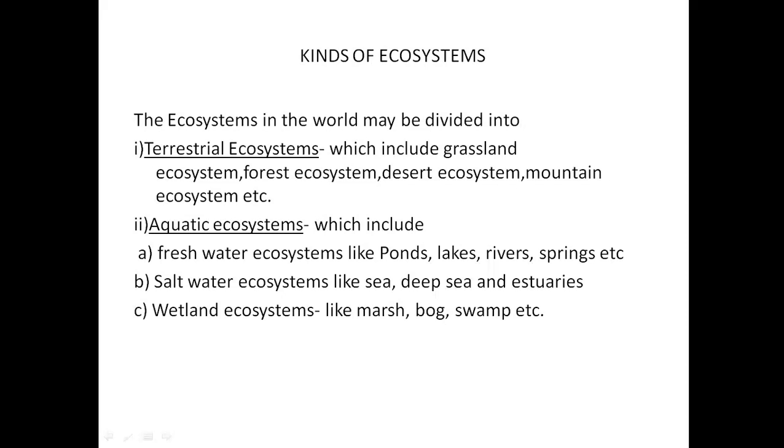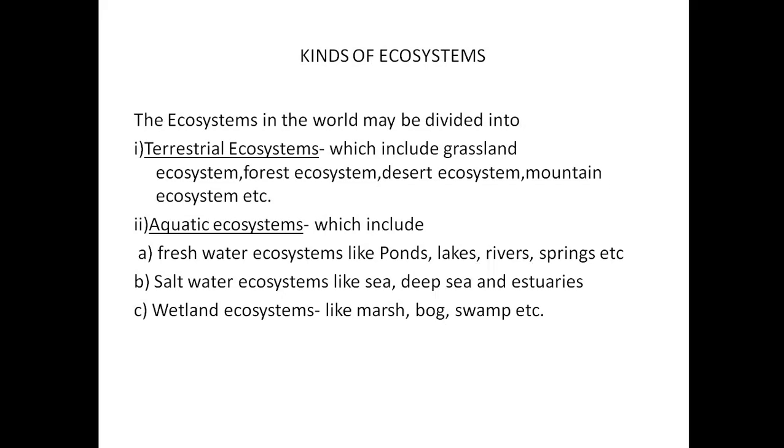Now, what is there in the terrestrial ecosystems? When you talk about the land, you can have grassland ecosystems, forest ecosystems, desert ecosystems, mountain ecosystems, etc. There will be lots of other ecosystems under the terrestrial ecosystems.